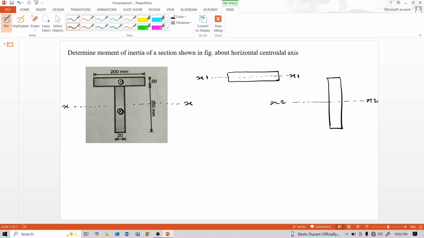So about this x axis, the difference between this x axis and the x2 axis is that this x centroid axis is for the whole T section, and this x2 centroid axis is only for this rectangular web part.